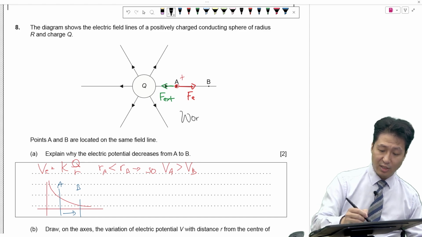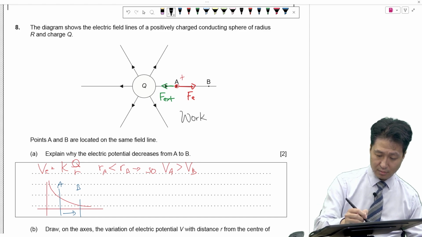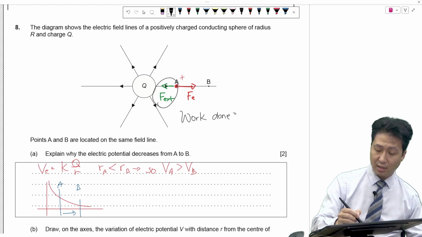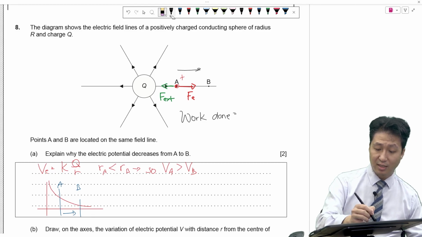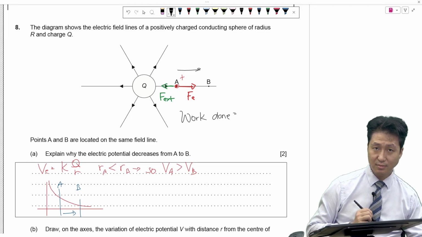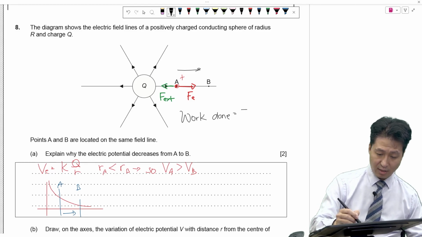Now, the work done would be equal to this external force multiplied by this distance. So, the force external times the distance from A to B.